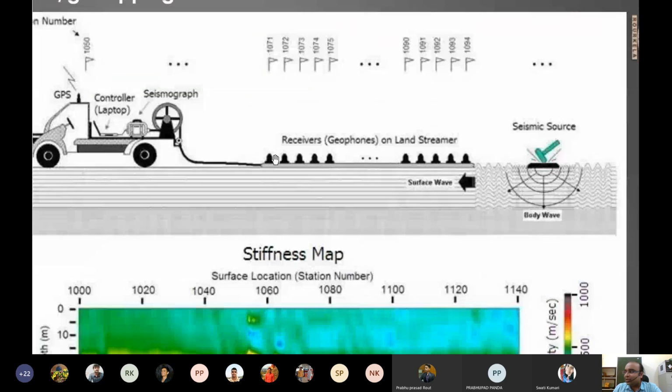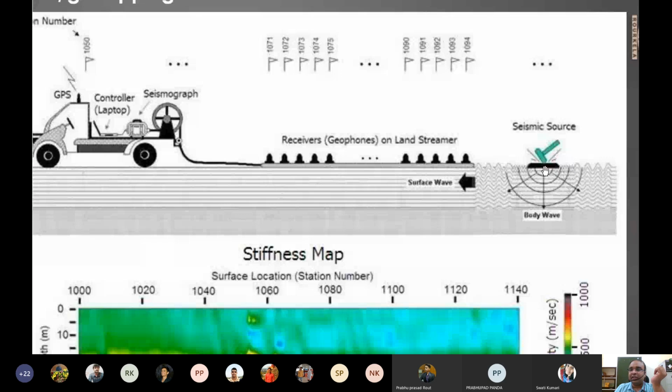There are some seismic receivers that are generally put on the surface of the ground, or in certain cases where the ground is not that stable or stiff, like soil, there are needle-like structures that can be dug inside so that the receiver receives the vibrations properly, right? And at a known distance from these sensors, an artificially induced vibration is created.